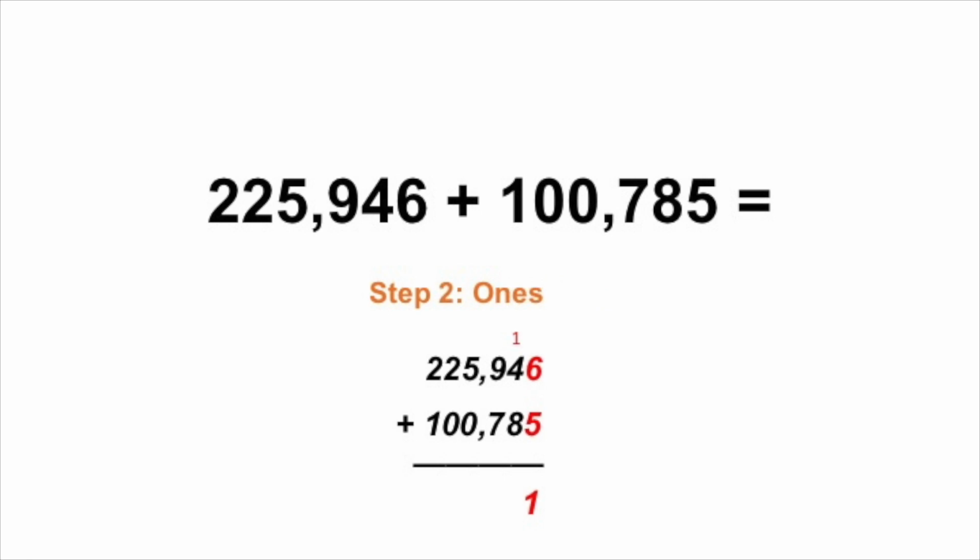So 6 plus 5 equals 11. So we need to write 1 and carry 1 over. And then 1 plus 4 plus 8, 13. So what do we write? 3, carry over the 1.